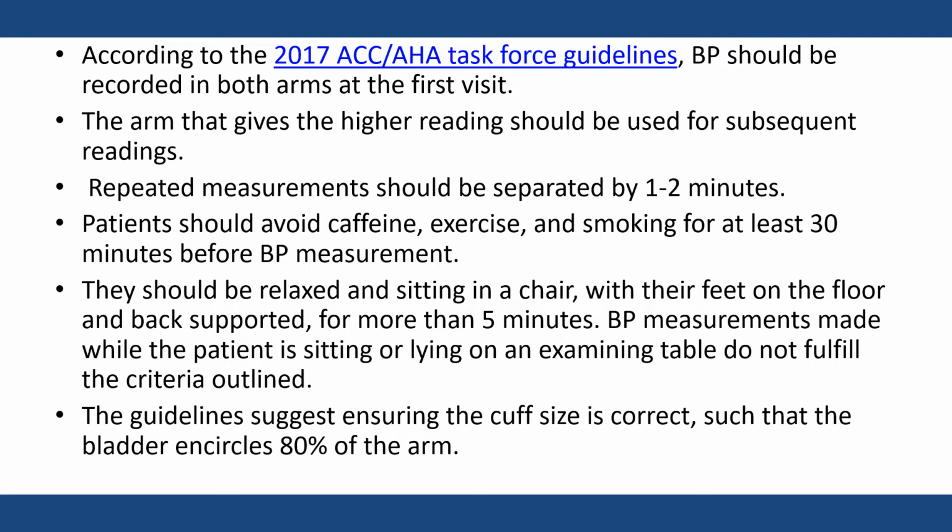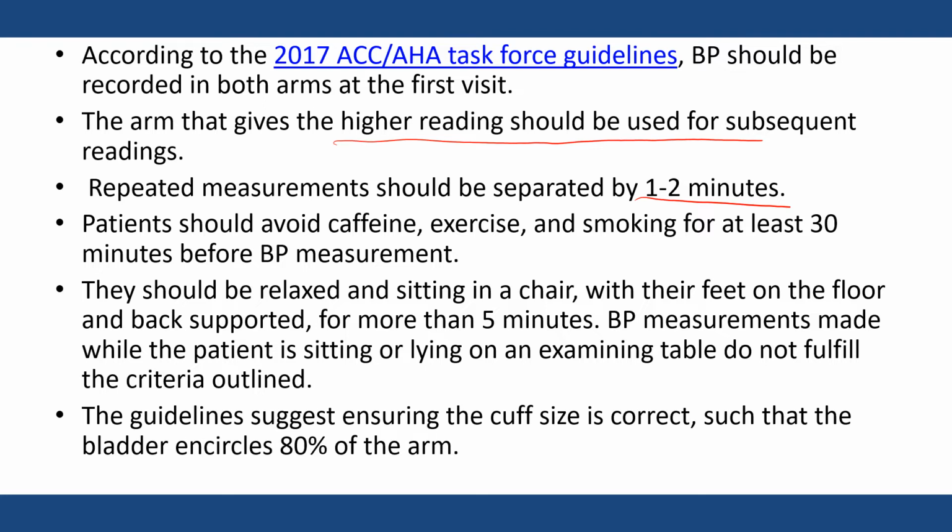According to the 2017 American College of Cardiology and American Heart Association Task Force guidelines, blood pressure should be recorded in both arms at the first visit. The arm that gives the higher reading should be used for subsequent readings. Repeated measurements should be separated by 1 to 2 minutes.